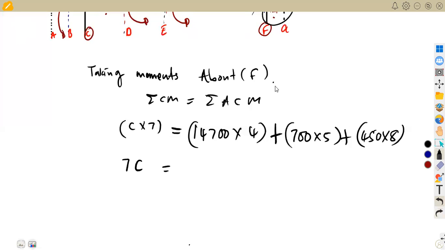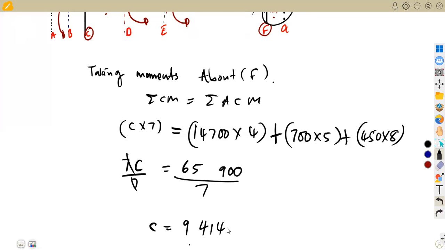On the right-hand side, in this case, you're going to obtain 65,900. So that's 65,900. You can divide by 7 to obtain the value of C, which is 9,414.286 Newton, or you can write this in kilonewton.